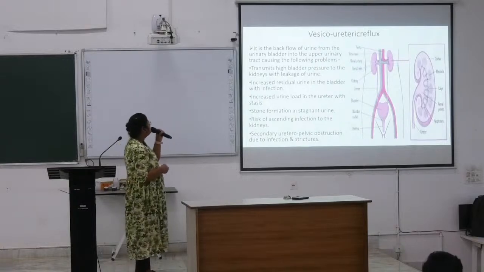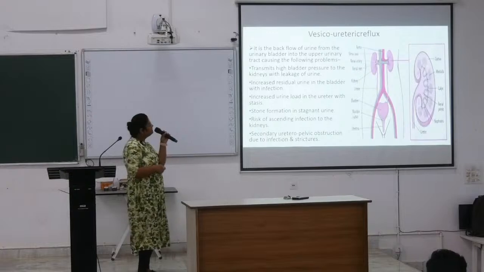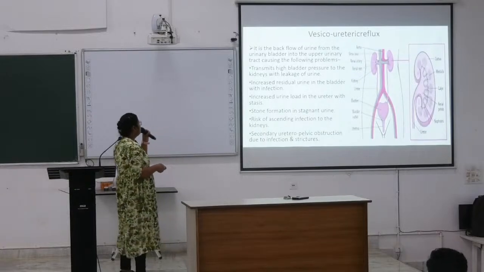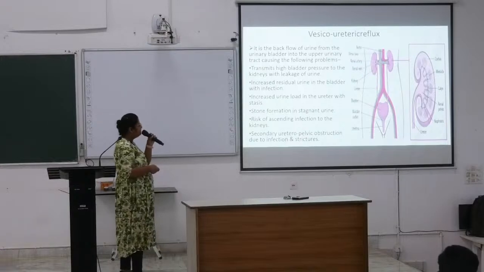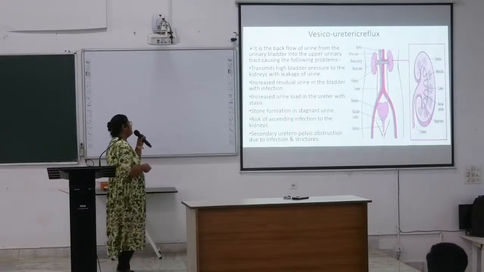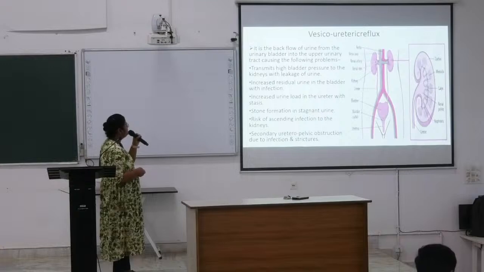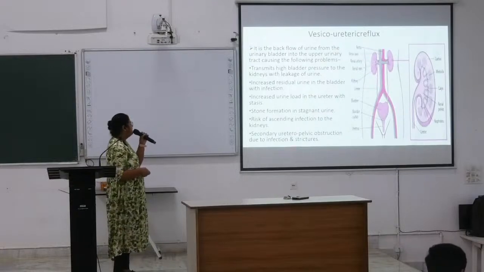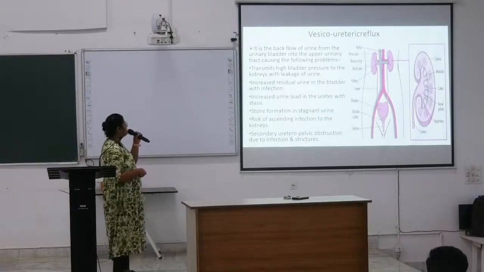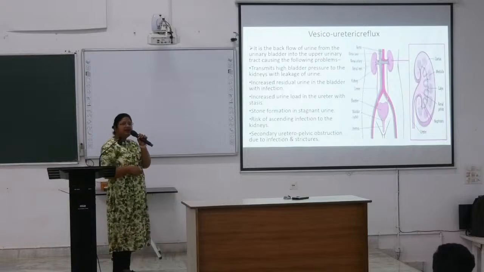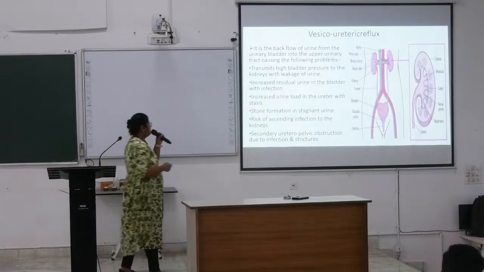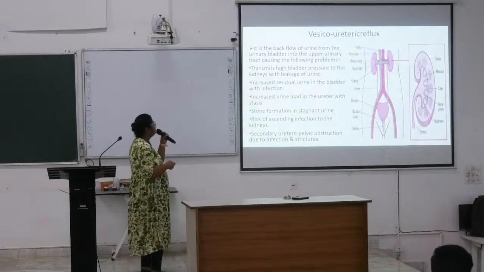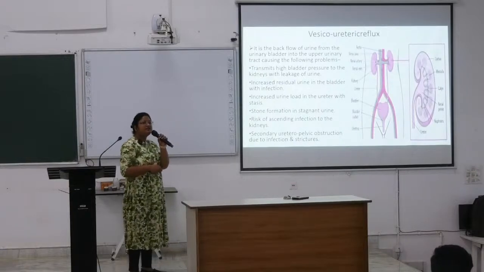Okay, increased residual urine in the bladder with high chance of infection. Increased urine load in the ureter with stasis, stone formation in stagnant urine can occur, and risk of ascending infection to the kidneys, and secondary ureteropelvic obstruction due to infection and strictures can be formed. So these can happen in vesico-ureteric reflux.